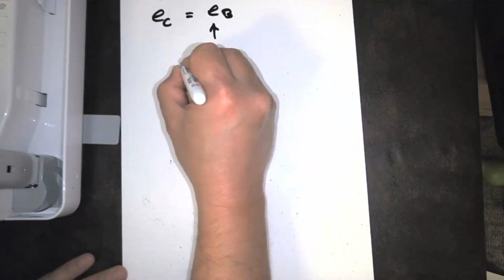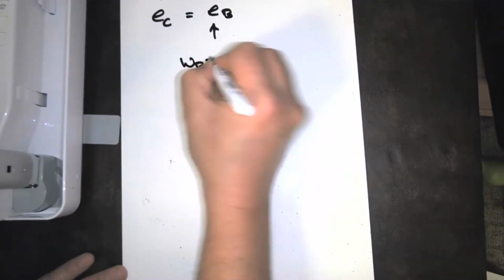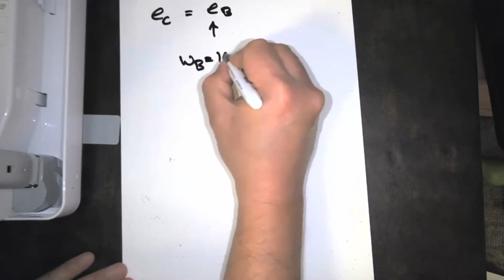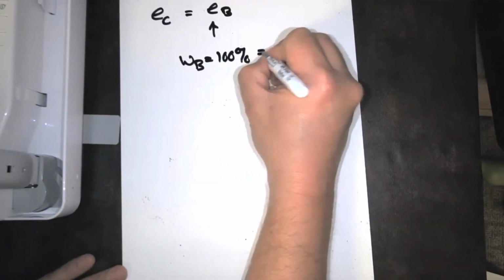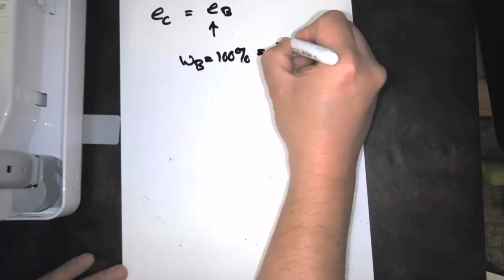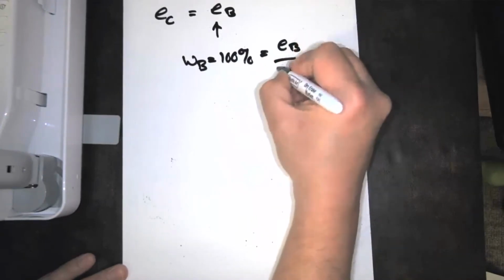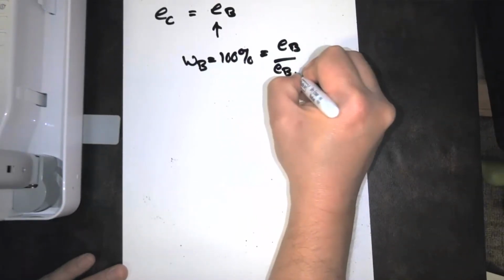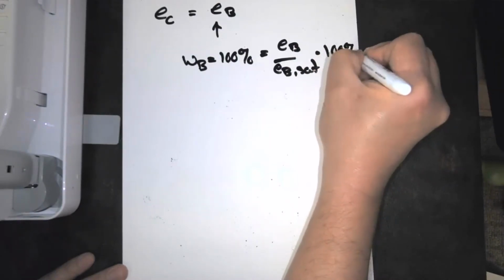If we understand the implications of that, we can say that the relative humidity at location B was 100%. But the definition of relative humidity is just E sub B over E sub B at saturation times 100%.